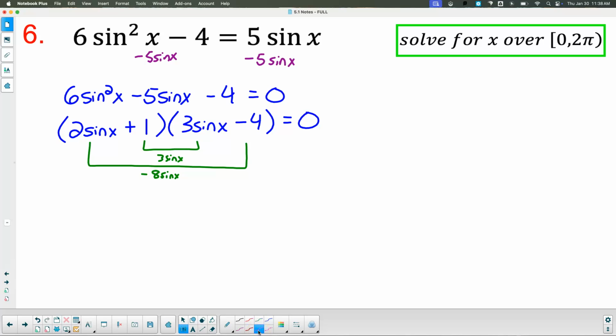Then we set them equal to 0. Where is sine equal to negative 1/2? 7 pi over 6 and 11 pi over 6.